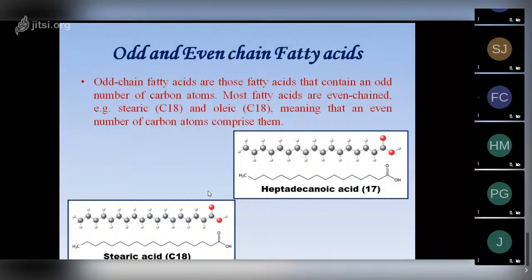And if an even number of carbons are present, then it will be the even chain fatty acid. As I'm showing you, heptadecanoic acid is an odd chain fatty acid, 17 carbons are present in the chain, and this is stearic acid, an 18 carbon chain, so this is an even chain fatty acid.